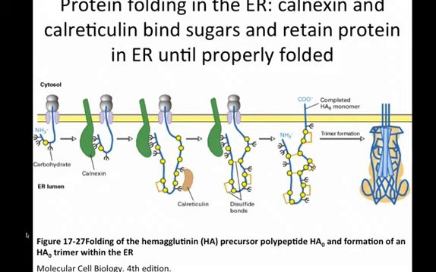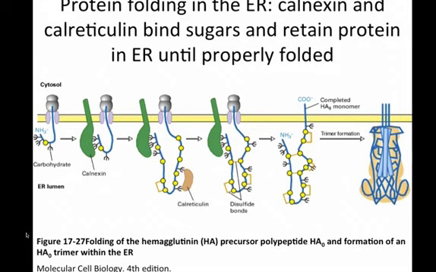This is one that binds to the carbohydrates and keeps the protein in the ER while it's folding. So there's this one that's bound in the membrane, and then calreticulin, which is in the lumen of the ER. They both bind to the carbohydrates and participate in folding, while disulfide bonds are made, all the things that need to happen in order for the protein to fold properly.